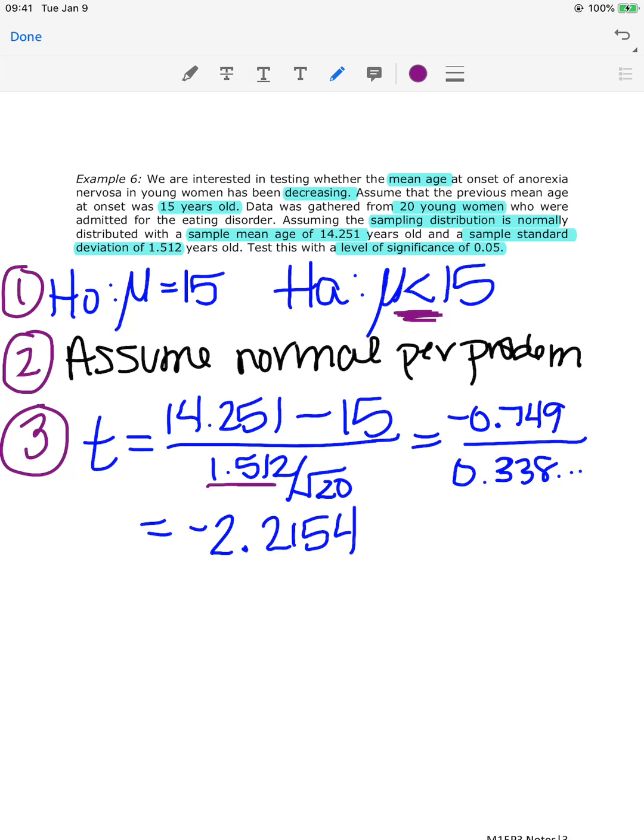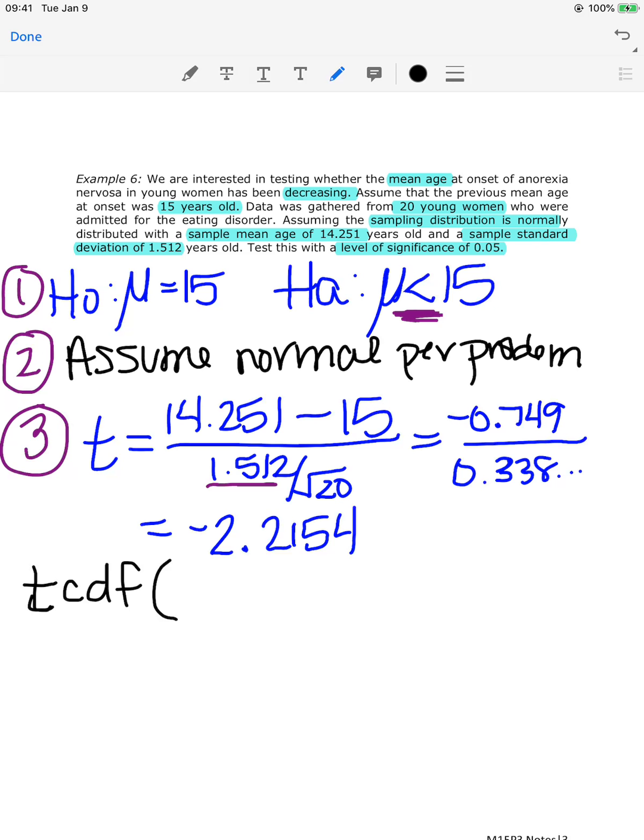So to calculate the probability with a t, we're going to use a function in our calculator called t-CDF. And this is in the same list where we found the normal and the binomial. So second vars, and then it's either the 5th or the 6th option, depending on what type of calculator you have.